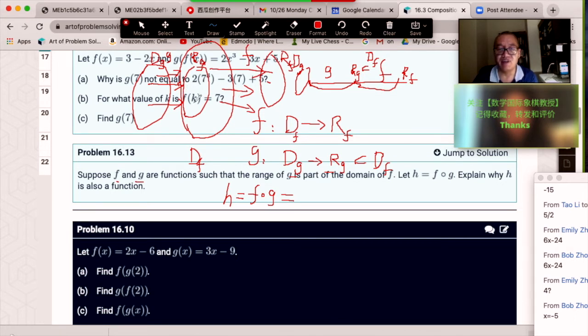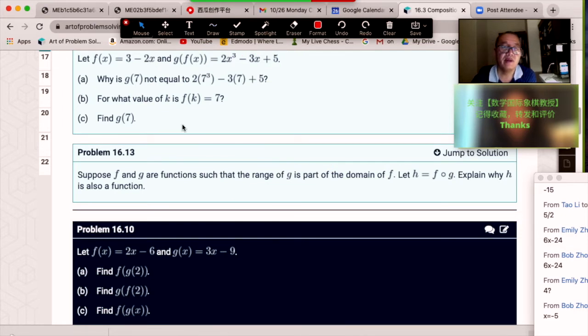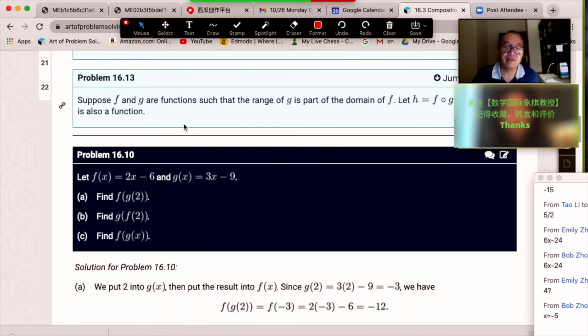Combine these two, actually, like a chain, connect these two segments together. Then when you combine these two functions, it will be a function. That's the reason. Okay. Now let's see how they explain this one.